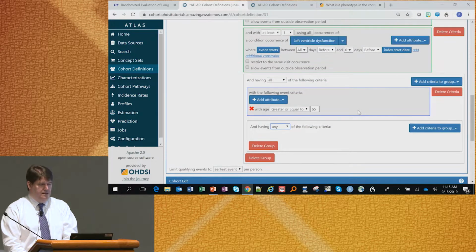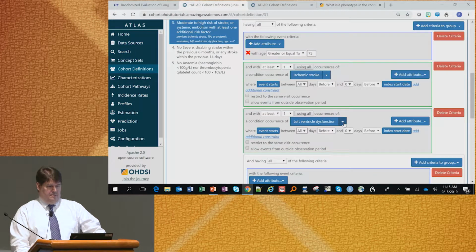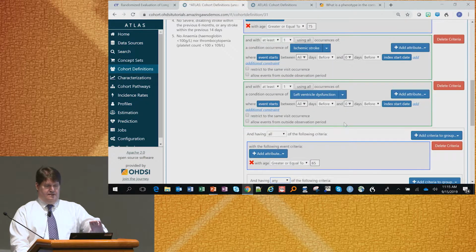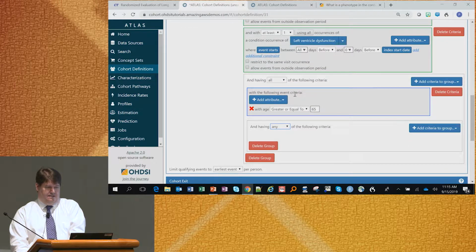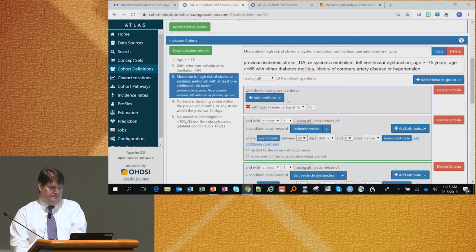Okay, so what I've done here is I've said that you have to either be the age, the ischemic stroke, the left ventricle dysfunction, and the age is 65 and whatever. We're going to change that at the end. Why don't we do it now?